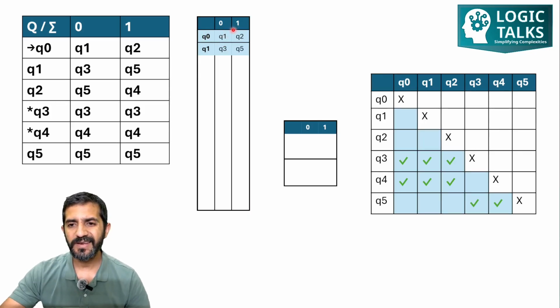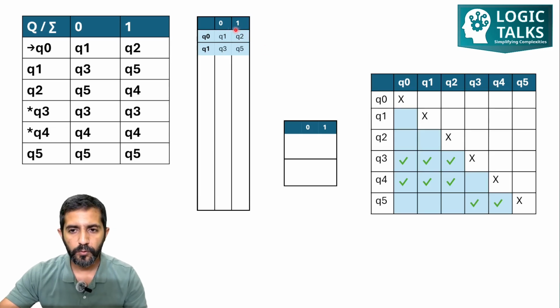Q0 on getting 1 moves to state Q2, and Q1 on getting 1 moves to state Q5. So we get Q1, Q3 and Q2, Q5 as the result of the transitions on Q0, Q1.